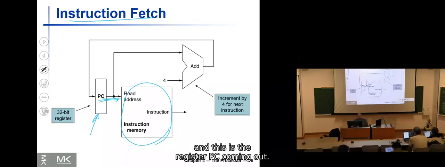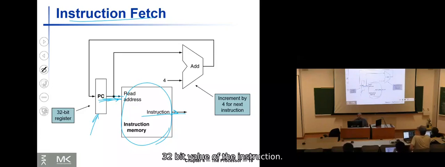PC coming out goes to instruction memory. This is the address. The content of the memory is the instruction itself, a 32-bit value.